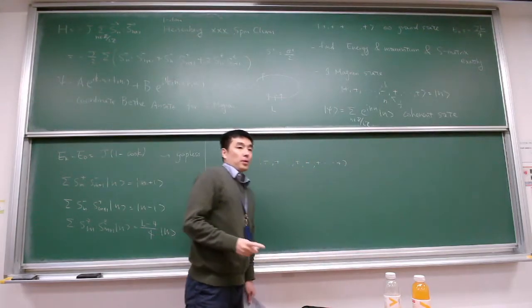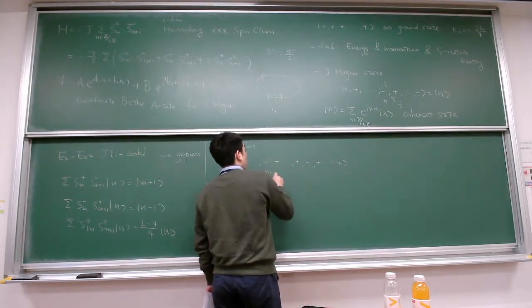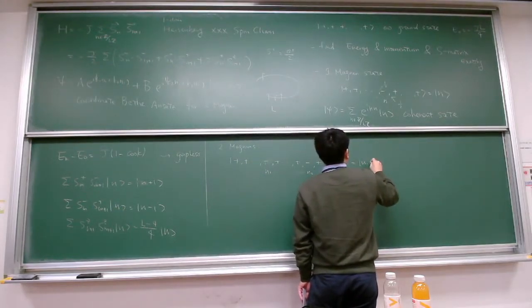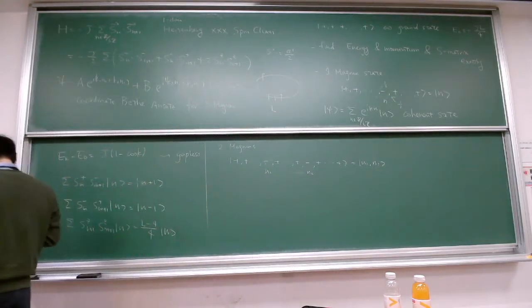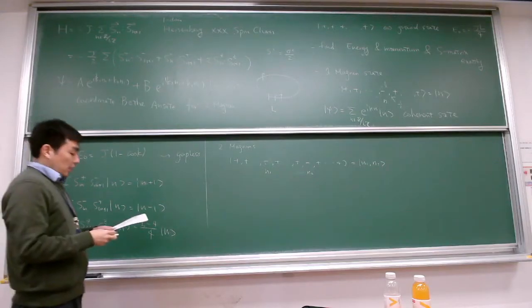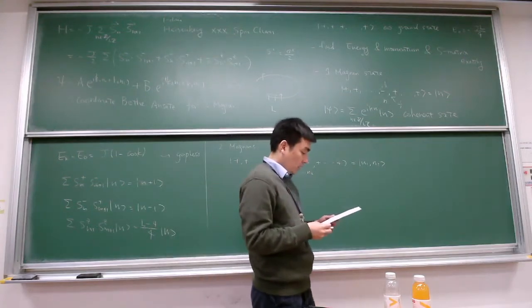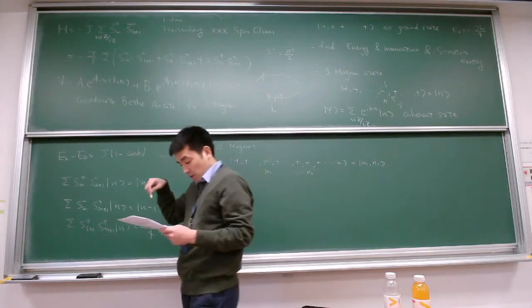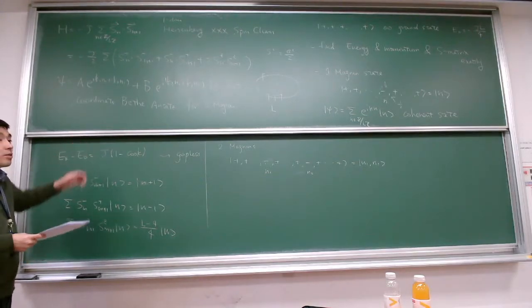So we just flip two spins down, and we call these positions n1 and n2, with n1 less than n2. We want to consider the eigenstates of this Hamiltonian with two spins moving down. So that's what we are considering.